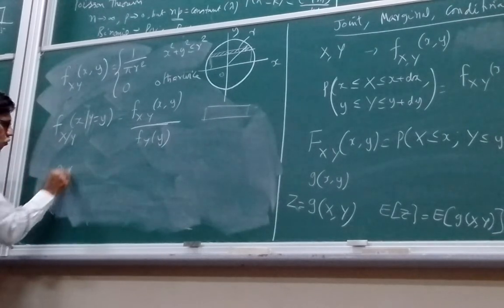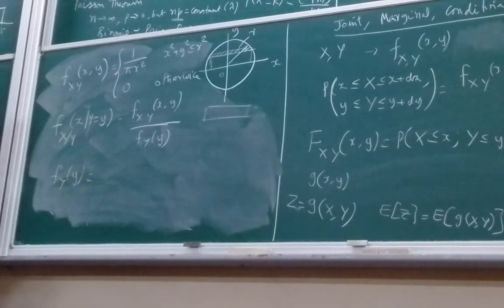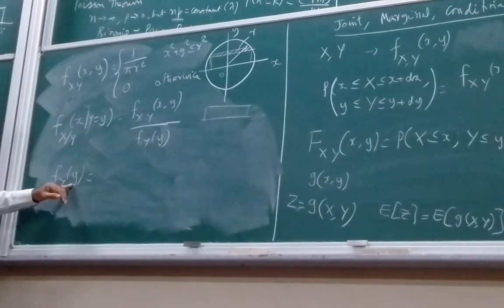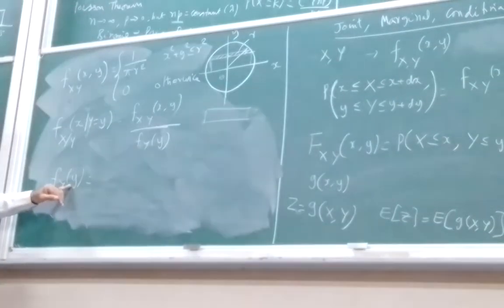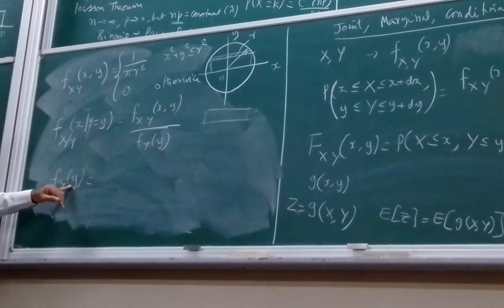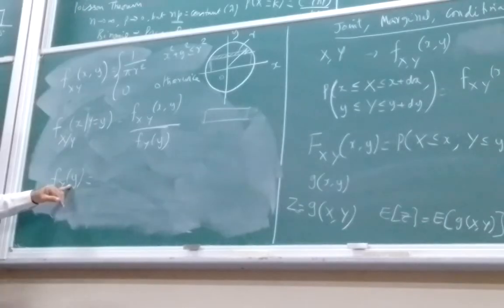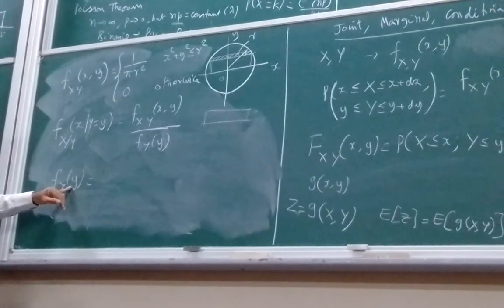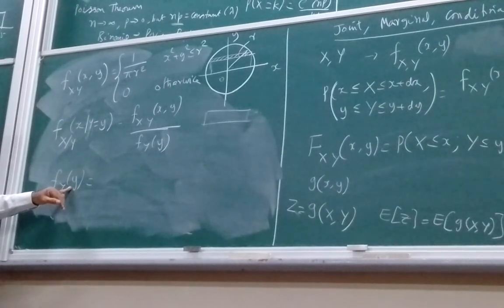f_Y(y). That is, what it means is, given a value for y, which has to be between minus r and plus r, what is the probability density in that neighborhood? To do that, for the marginal density function of y, I have to integrate out x.